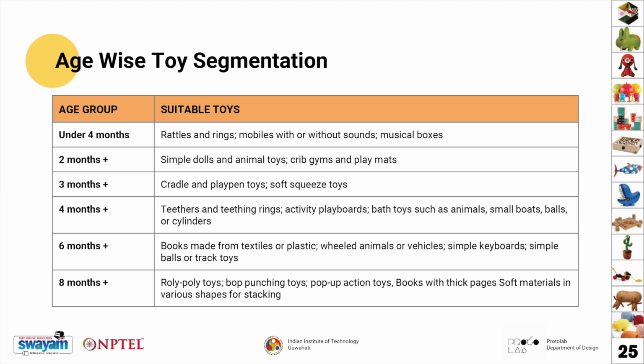Toys like roly-poly toys, punching toys, pop-up action toys, thick page books, and soft stacking shapes support problem solving, balance, and hand-eye coordination. As children grow, their play behavior becomes more active, imaginative, and skill-based. So toys must evolve according to their developmental abilities and interests.